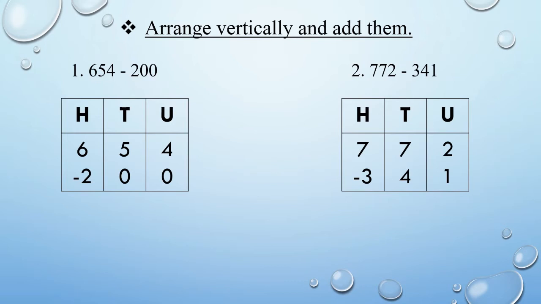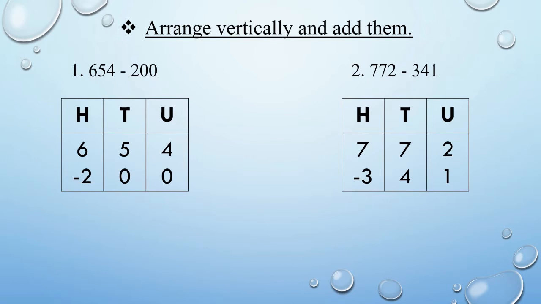Students, you know that HTU stands for H is for hundreds, T is for tens and U is for units. 654 means 6 hundreds, 5 tens and 4 units. Then 200, we have to subtract 200, means 2 hundreds, 0 tens and 0 units.